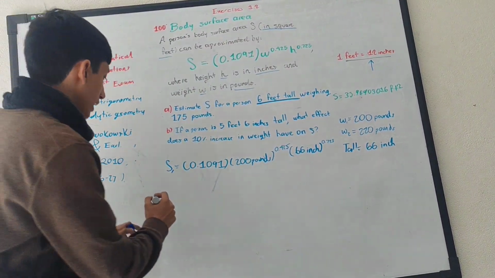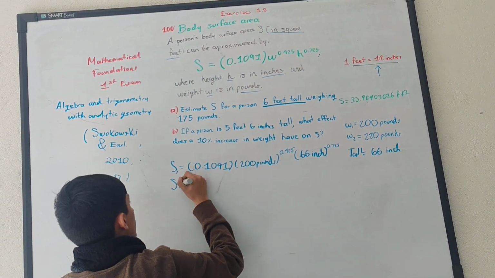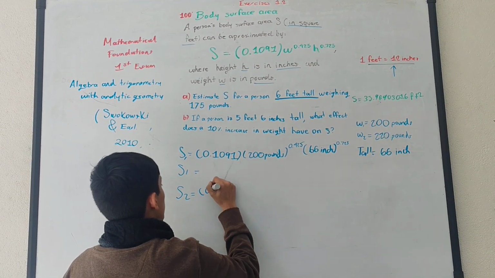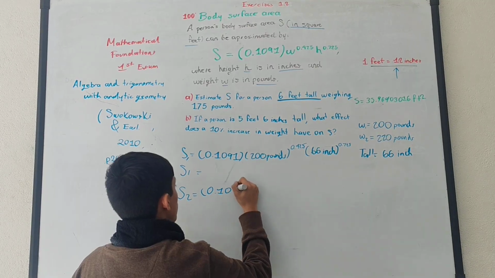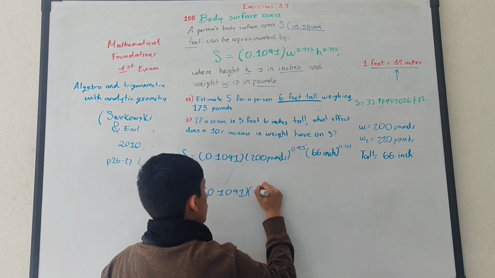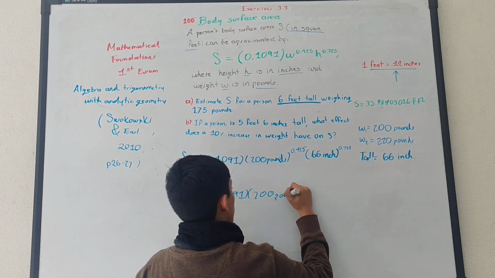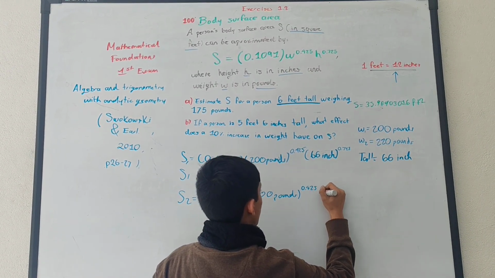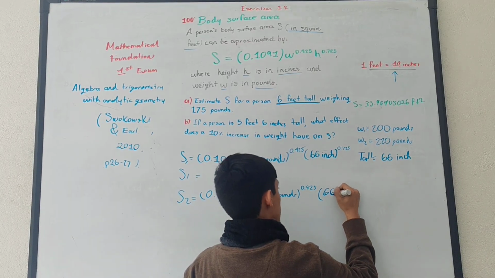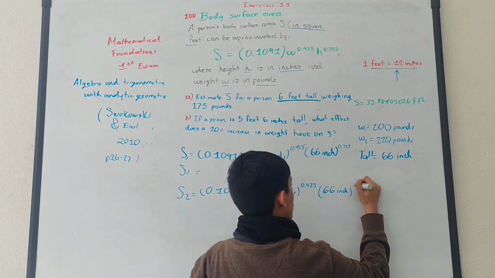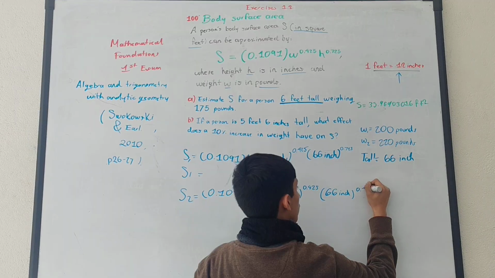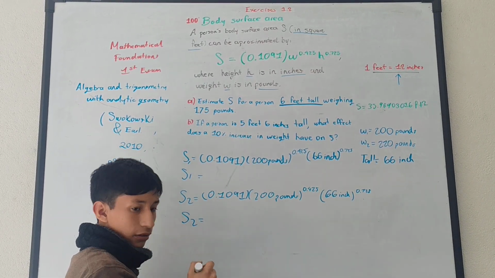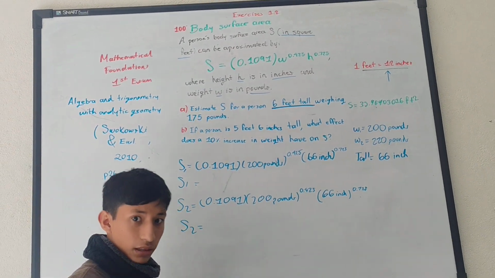So I'm going to solve that. In order to make it a little bit faster, I'm going to write the second equation right here, and this should be 0.1091 times 200 pounds raised to the 0.425 power multiplied by 66 inches raised to the 0.725 power. So S2 should be equal to, I'm going to take my calculator.